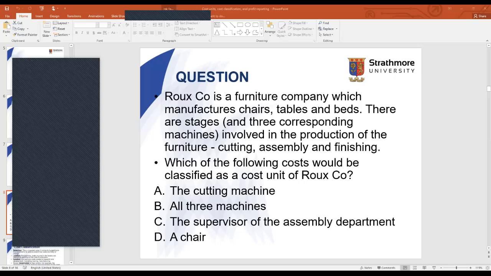Yes, what's the answer? Let me analyze the question. Jenga, your hands seem to be up. Yes, C, the supervisor of the assembly department. Okay, from Jenga it's C.